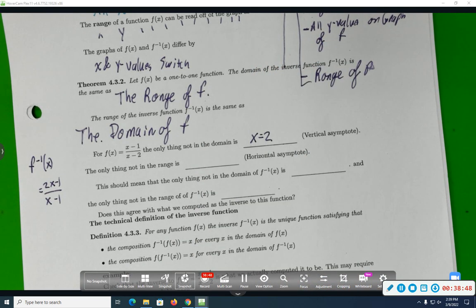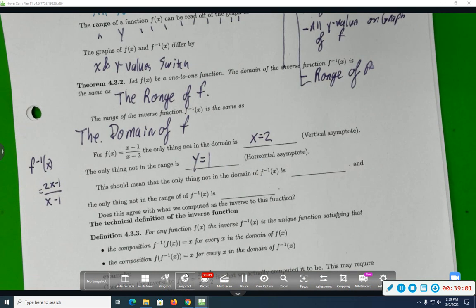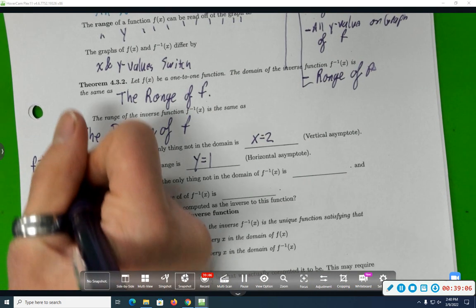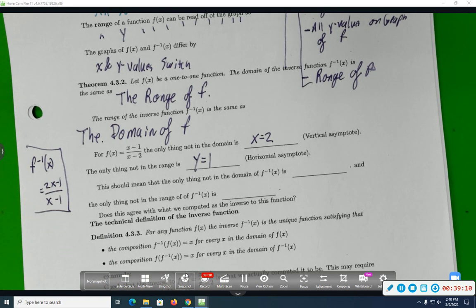The only thing not in the range of that function is the location of the horizontal asymptote. Where is the horizontal asymptote of that function? It is at 1. We found the inverse function to be this. Looking at that graph, what is the only thing not in the domain?